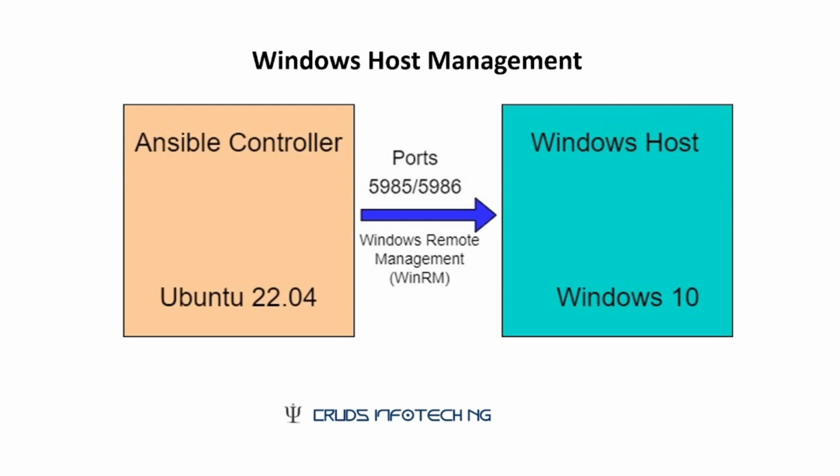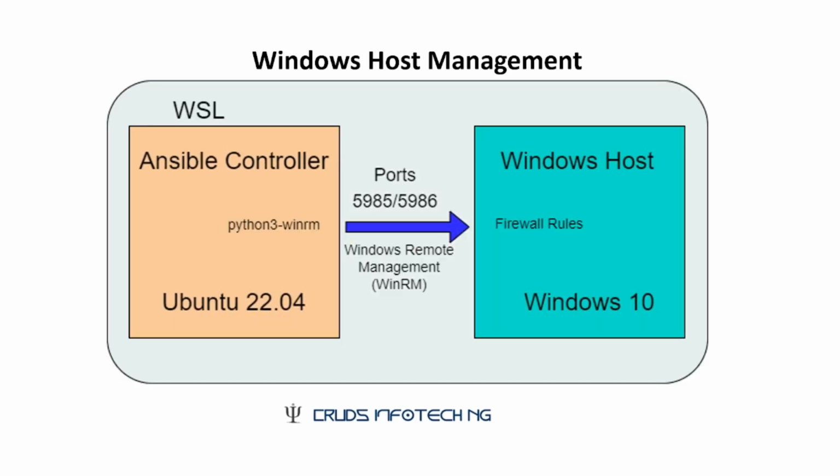What I plan to demonstrate in this tutorial is the bunch of settings and configurations that is required for an Ansible controller. Ansible controller is nothing but a Linux box that has got Ansible installed and configured on it to take control of a Windows machine, a Windows host that is running Windows 10, using a tool called Windows Remote Management, or WinRM, which is the preferred tool for anyone to connect and take control of a Windows machine.